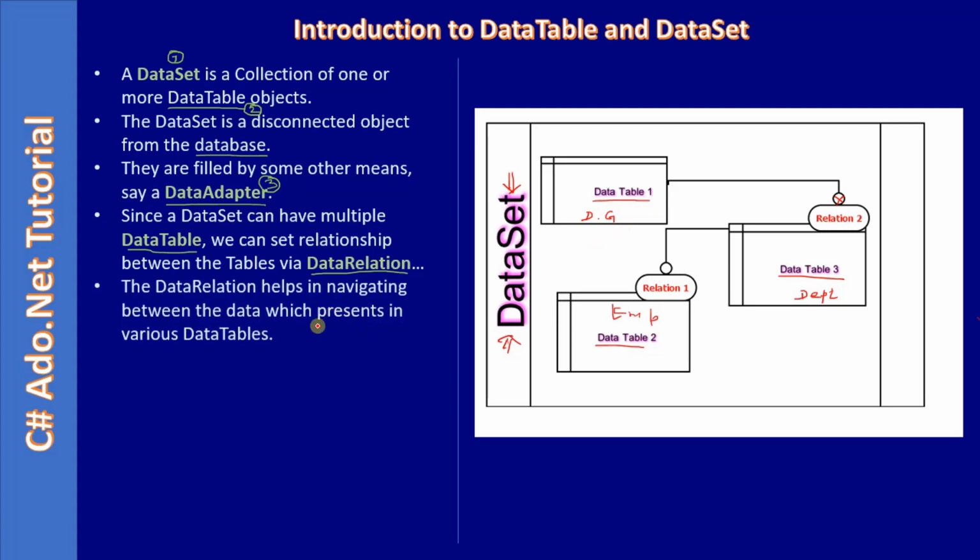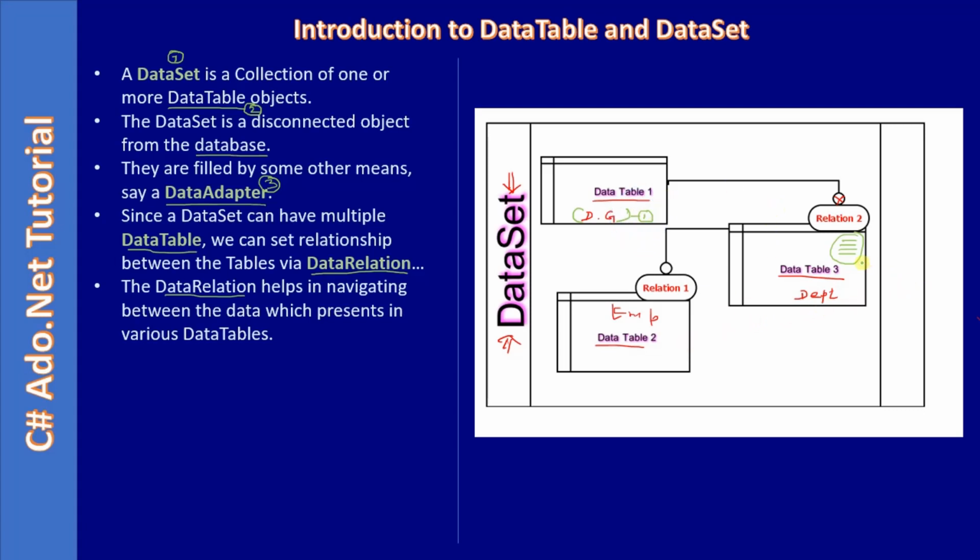Data relation helps in navigating between the data which is present in various data tables. Since we have the data relation, based on this data relation, we can navigate between the related rows. Say for example, if I get a specific department group here, I can say by navigating this relation, what are all the departments that belong to the specific single department group, right?